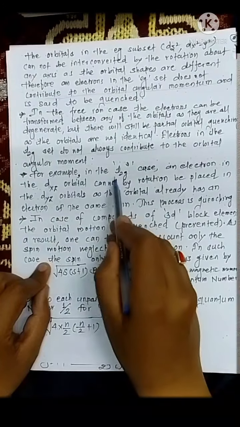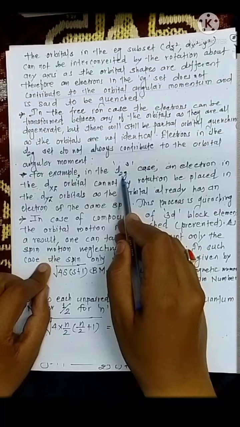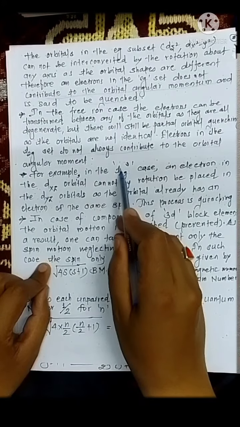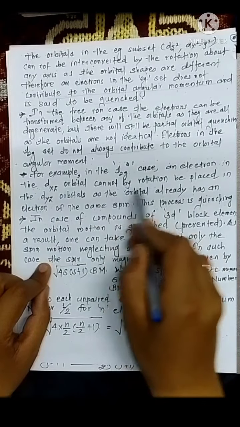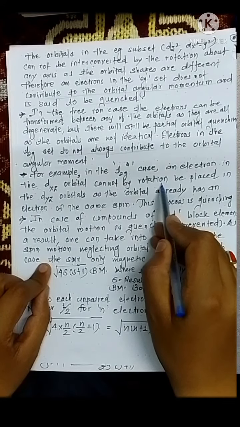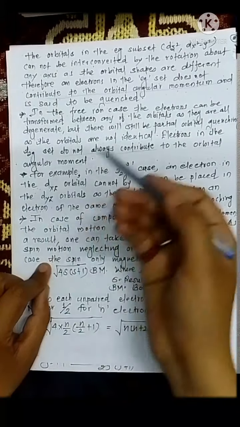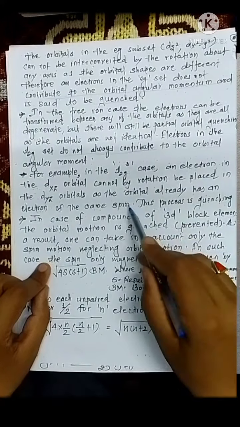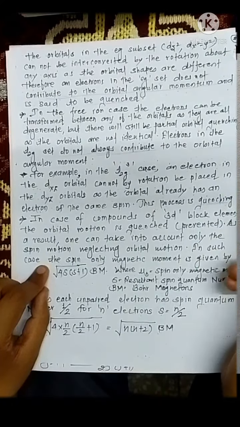For example, in the case of t2g3 electronic configuration, an electron in the xz orbital cannot by rotation be placed in the yz orbital, because the yz orbital already contains an electron with the same spin. This process is basically quenching.